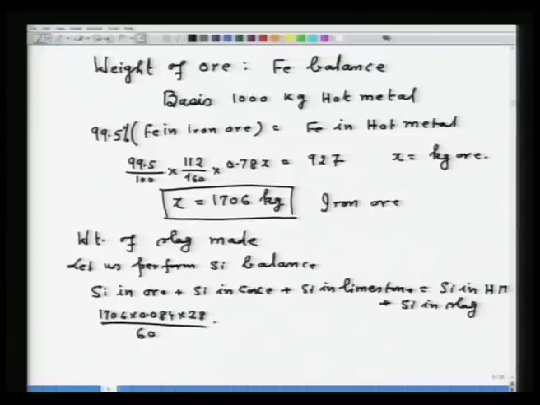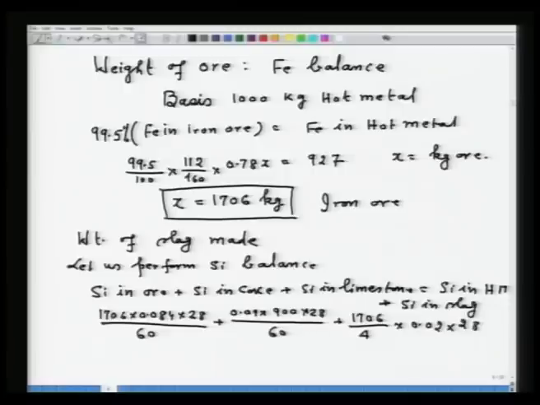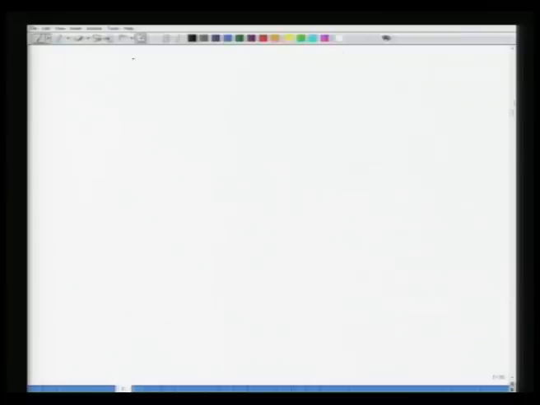Silicon in coke is 0.09 into 900 into 28 upon 60, plus 1706 upon 4 into 0.02 into 28 by 60, because limestone is 1/4 of the weight of the ore. That equals silicon in hot metal plus silicon in slag, which is what we want to find out.